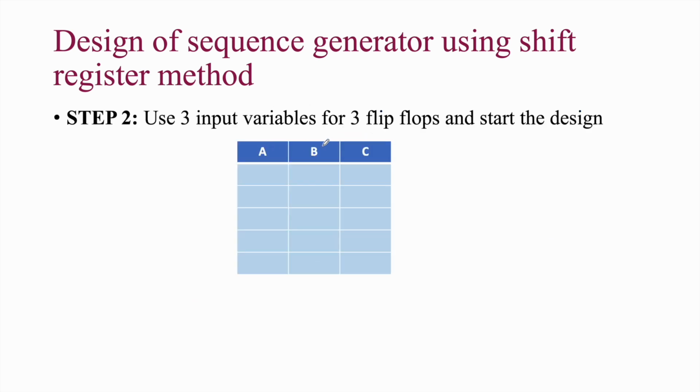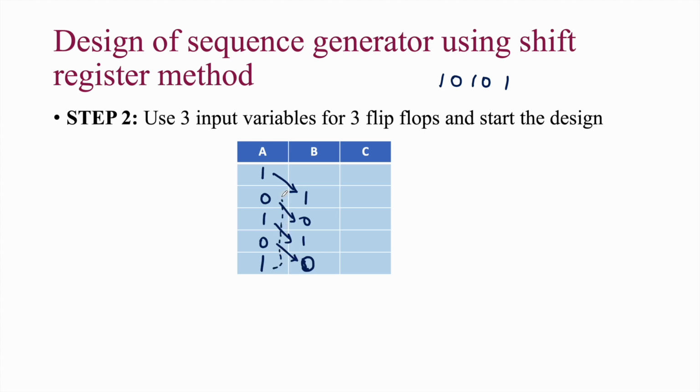So here we have A, B, C. Since we have 3 flip-flops, we have 3 outputs. Each output is mentioned as A, B and C. And here the input sequence given is 1, 0, 1, 0, 1. The same sequence could be shifted here. 1, 0, 1, 0.